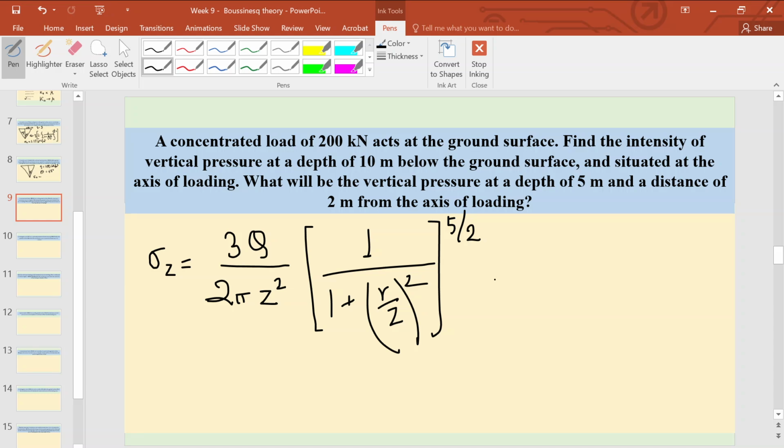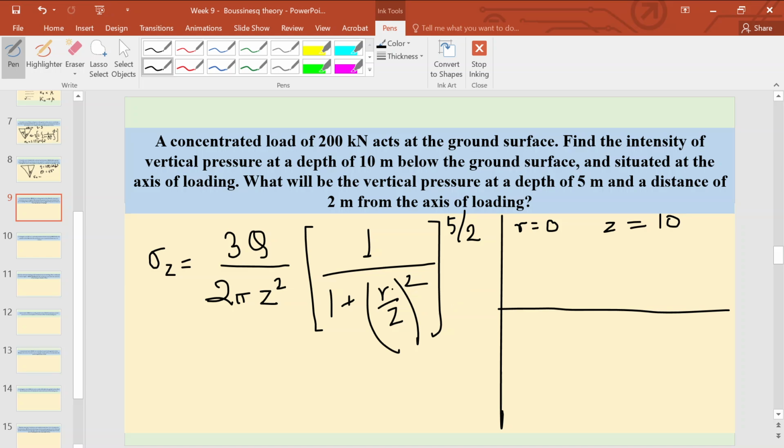Over here there are two scenarios. In the first scenario we are situated at the axis of loading, so r equals 0, and the depth in the first scenario is z equals 10.